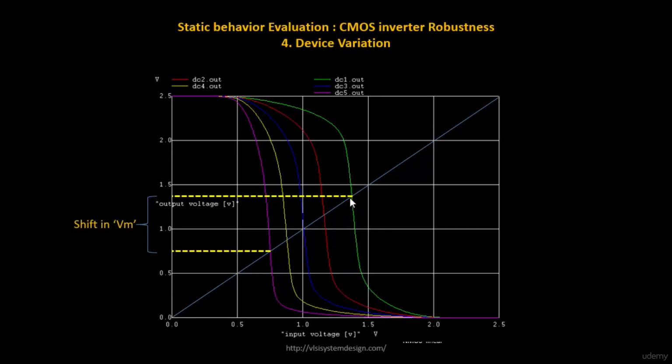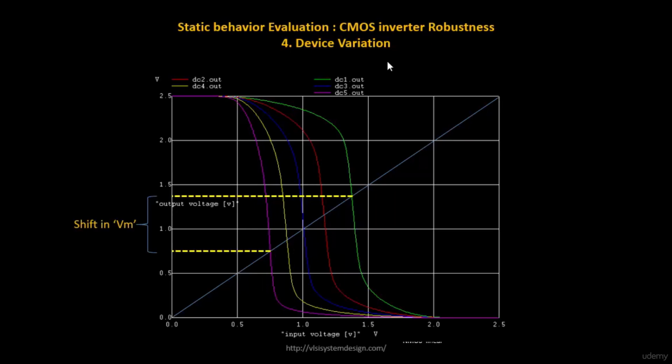Similarly for this case, if you try to build an inverter which gives you a switching threshold of, let's say, 1.4 volts, and because of the device variation the switching threshold shifts here and there, the shift will be in this area itself, and we know it will behave as a CMOS inverter because we have tested the CMOS inverter for a wide range of voltages and a wide range of devices, and we see the inverter behavior is intact.